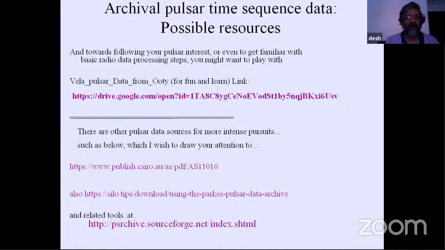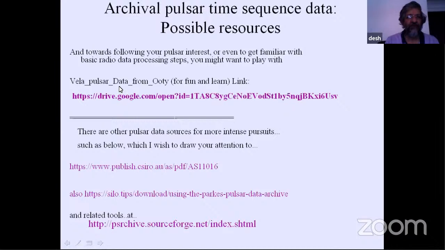And this particular data set, without hassles of formatting and so on, has been put in ASCII format, and it's available on the drive. I will certainly share this. I think Priya has the link. She can share that with you, or she might have already done that.